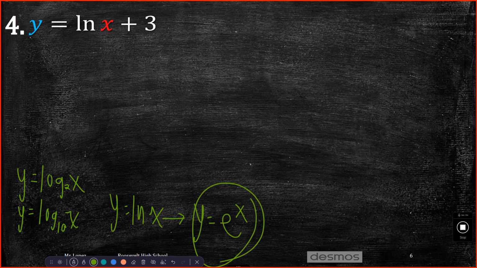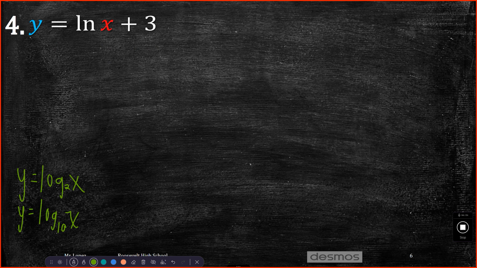So ln has a base e. These are inverses of each other. They're special. So ln x is the inverse of e to the x. But still the shape of it is the same as log.